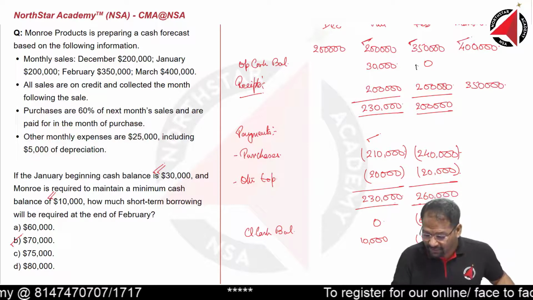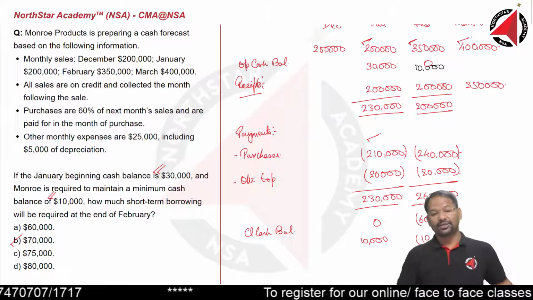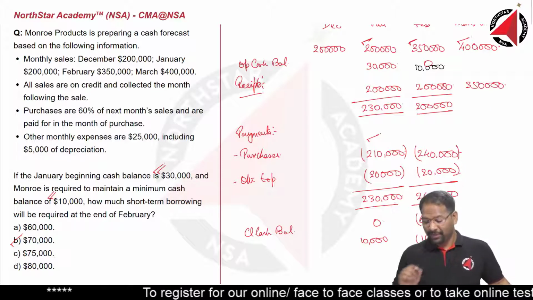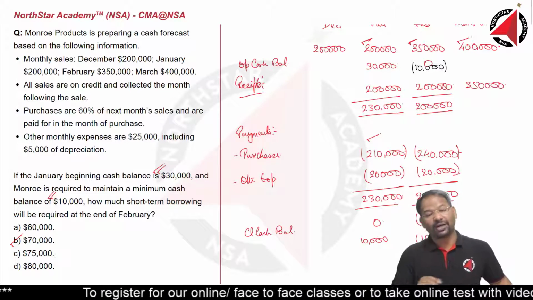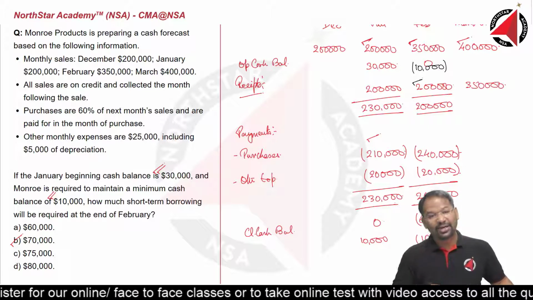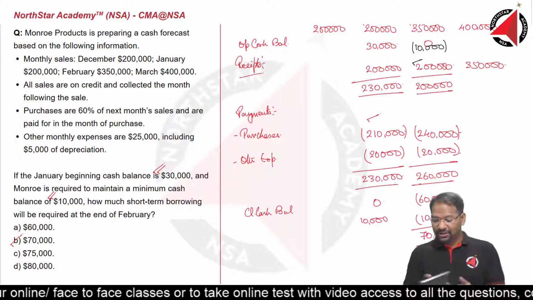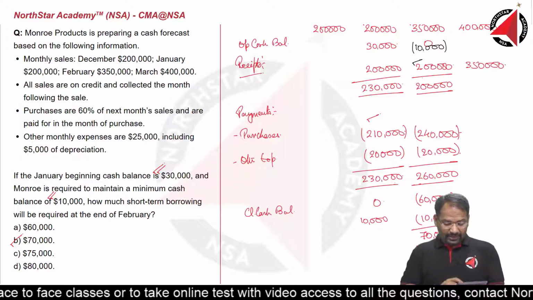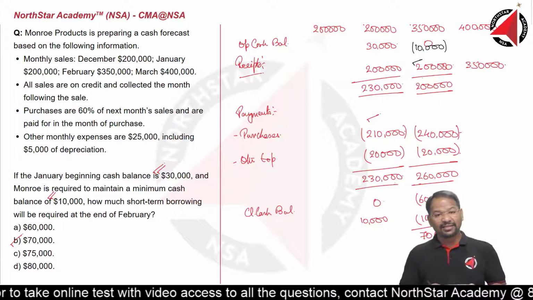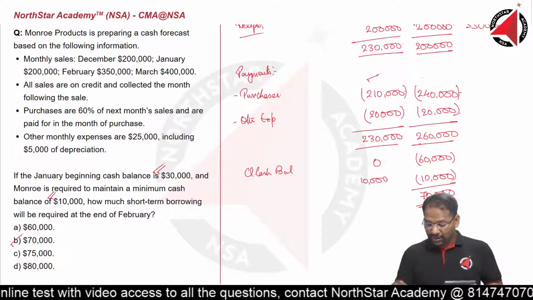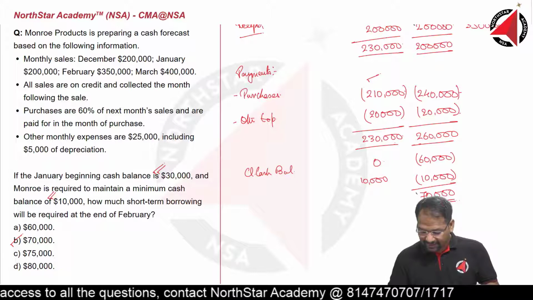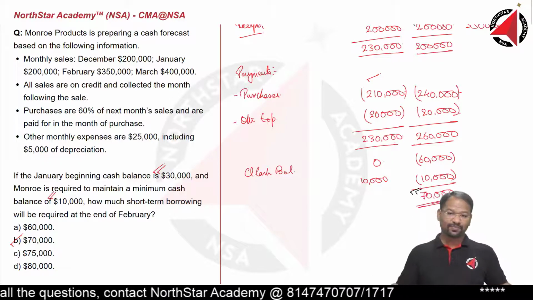Remember this is an overdraft balance, so this will be a negative overdraft balance. From this, another 200,000 we have as cash receipts. So 200,000 minus 10,000, which is an OD balance, your total would become 190,000. And your total payment is 260,000, so you get a negative balance of 70,000.